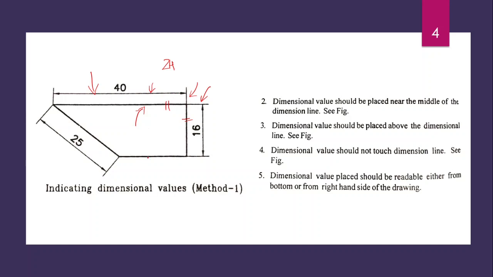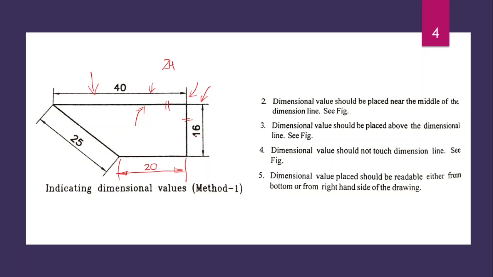If we represent this horizontal edge, here again this is a dimension line, and the lettering must be above the dimension line and also at the middle of the dimension line.